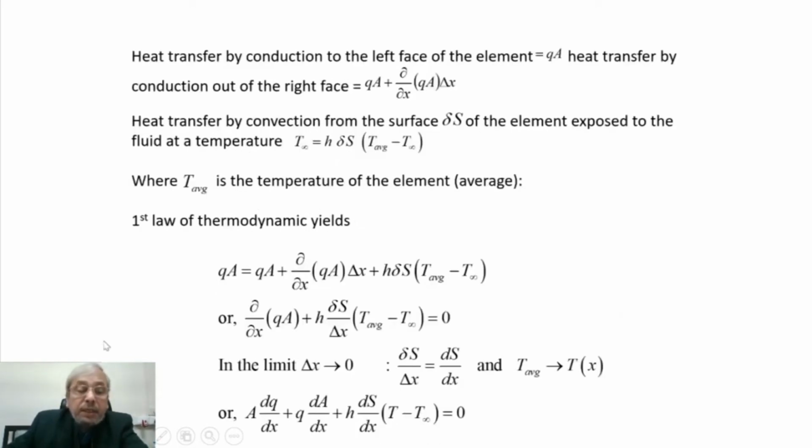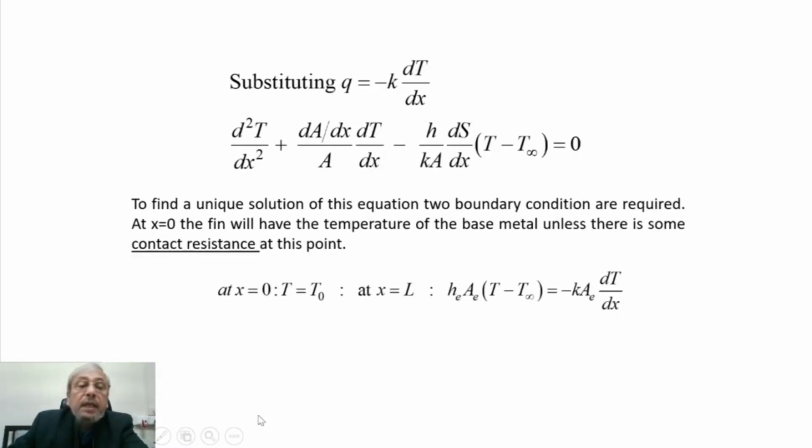Then we divide the entire equation by kA, and we'll get d2T/dx2 plus (dA/dx divided by A) dT/dx minus h by kA ds/dx into T minus T infinity equal to 0.